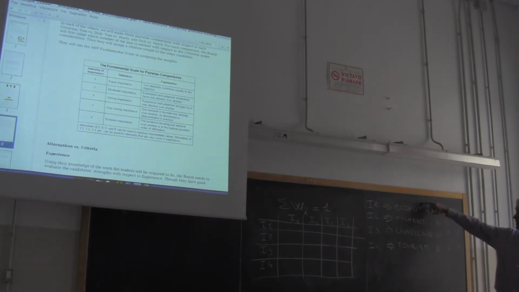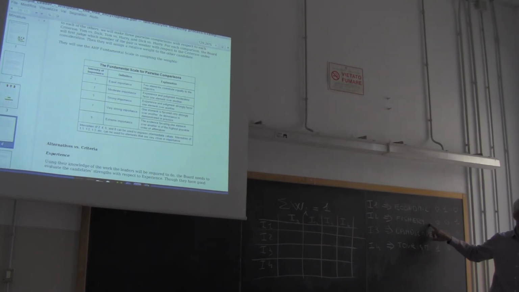Therefore, if you think that I1 is extremely more important than I2, if you think that economic is extremely more important than fisheries, then you should give a score of 9. If you think that economic has the same importance of fishery, you give a score of 1.